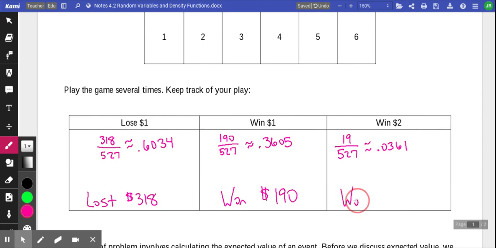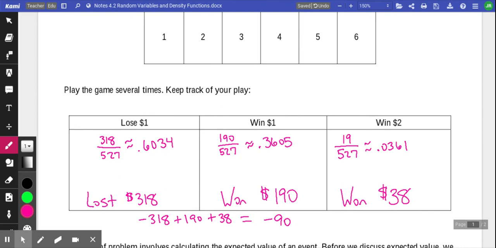And in the case where they won $2, this happened 19 times, so they would have won $38. Adding this all up, this would have been a minus 318 for the player, plus 190 for the player, plus 38 for the player, which would give us a grand total of negative 90. So what this means is that the player lost $90, but the game would have won $90.